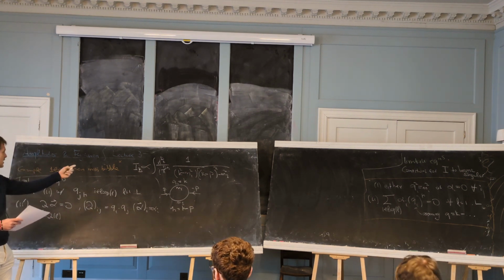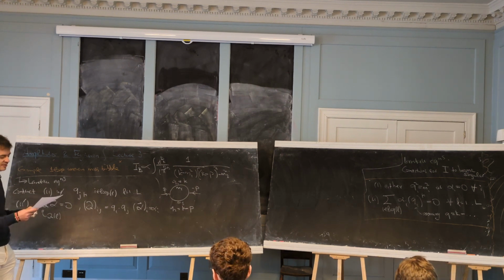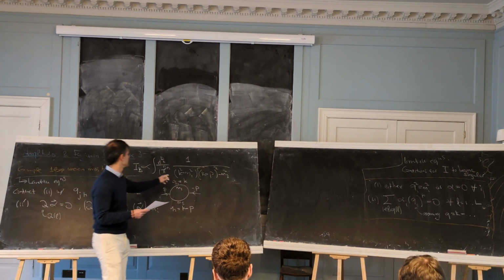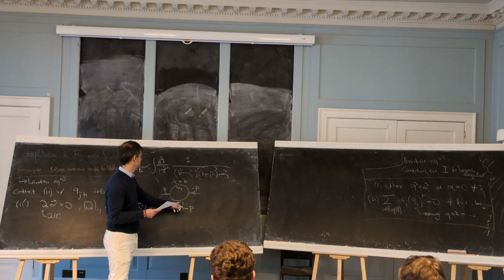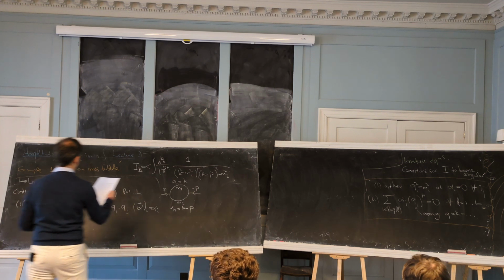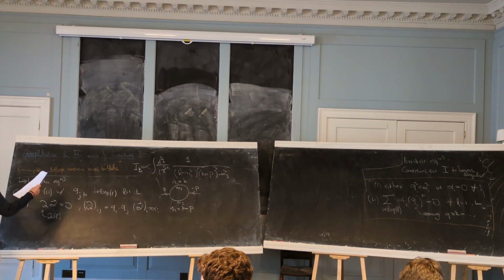Here we just have one loop, so we will have one Q. But this is just a rewriting of the equations. And since Q1 equals K, Q2 equals K minus P in this example, you know what Q1 and Q2 are.